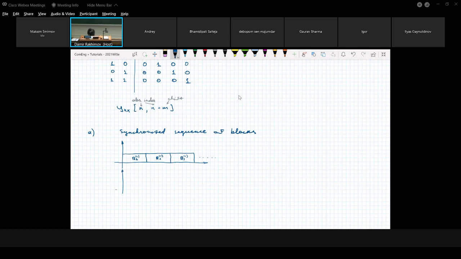Then you come tomorrow to your office. You take the same device, you switch it on, and you measure the next sequence that it will produce. But we say that we have a synchronized sequence of blocks. It means that yesterday you started measuring at the beginning of your blocks, and today you also start at the beginning of your blocks.